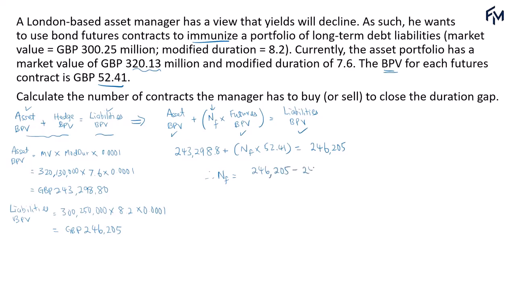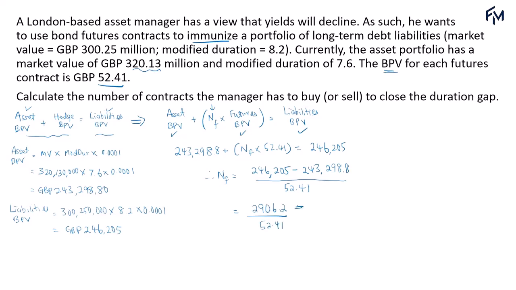So the number of futures contracts we need will be 246,205 minus 243,298.8, and then we divide by 52.41. Just to calculate the numerator, that gives us 2,906.2 over 52.41.